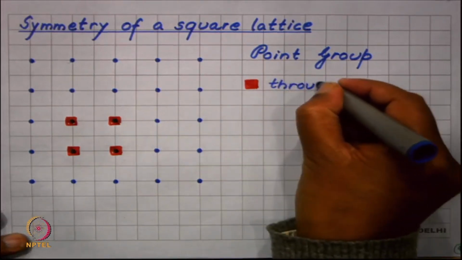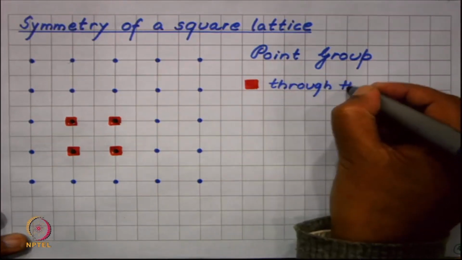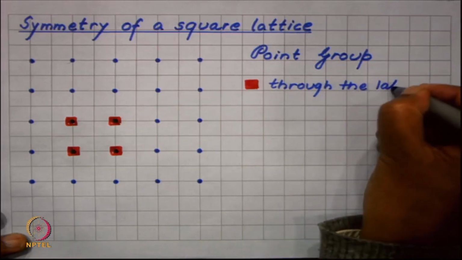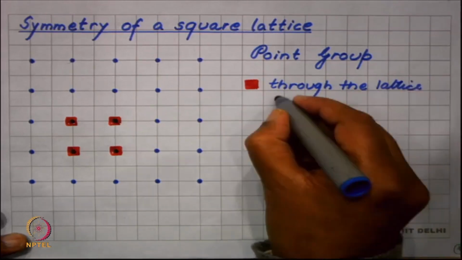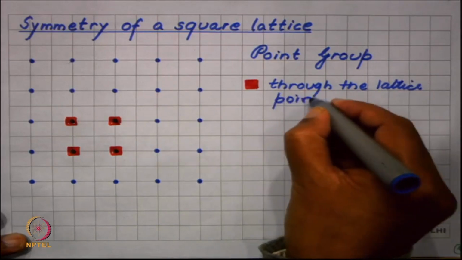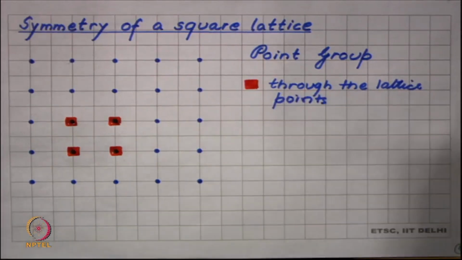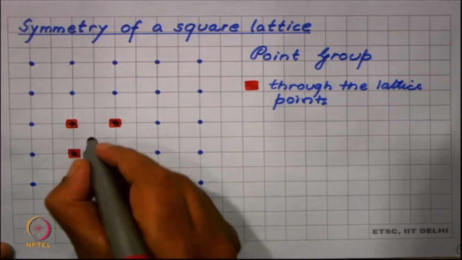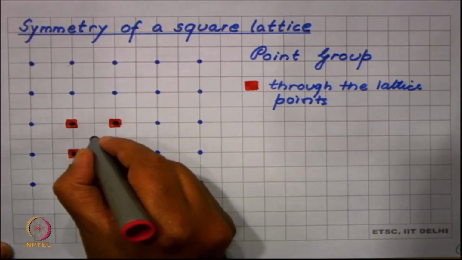A 4 through the lattice points. We also find that there is a fourfold right in the center here, where there is no lattice point.